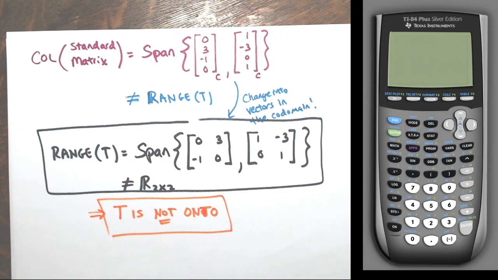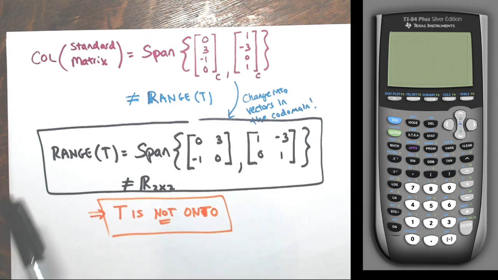When you're talking about the null space, the vectors in the null space had better look like the vectors from the domain. And when you're talking about the range, the vectors inside the range had better look exactly the same as the vectors in the codomain. So once you get the null space of your standard matrix, think of those as coordinate vectors and translate them back to vectors of the domain.